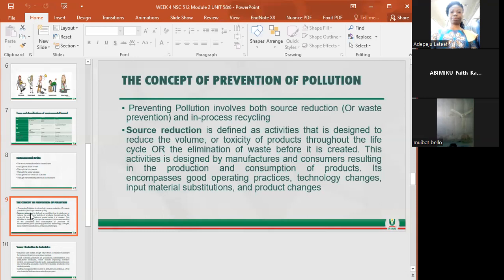Source reduction simply is to reduce the volume or the toxicity of products throughout the life cycle, or you want to eliminate waste before it is created.